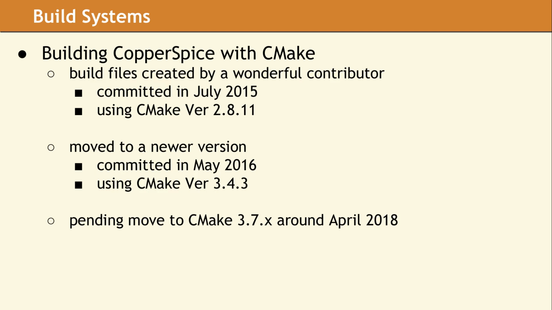Our intention is to move to CMake version 3.7 around April of 2018. With Debian stretch out and Ubuntu 18.04 being released in April of 2018, we are going to move to at least CMake 3.7. We may elect to move to an even newer version of CMake, depending on what versions are available at the time.